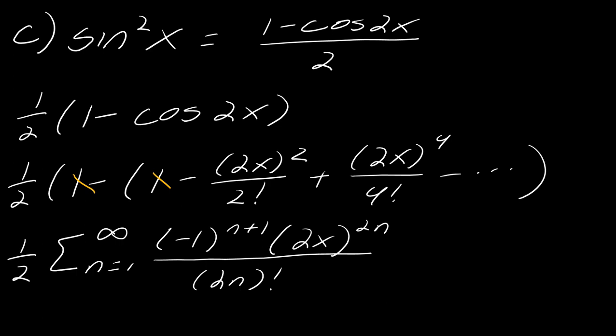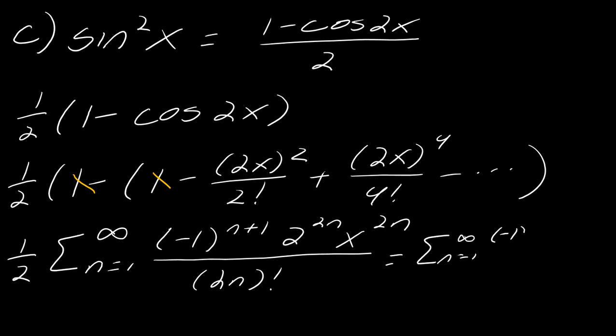Okay, so what else can I do to this now? Well, once again, I can play around with the exponents. So this 2x to the 2n, I'm just going to rewrite as 2 to the 2n and then x to the 2n. And now I can see that this 1/2 here, I can cancel this out. So this will be n equals 1 to infinity, -1 to the n plus 1, and we'll call this 2 to the n minus 1.